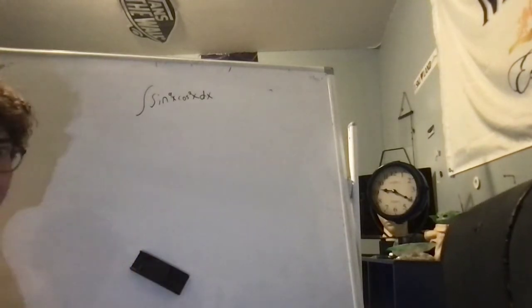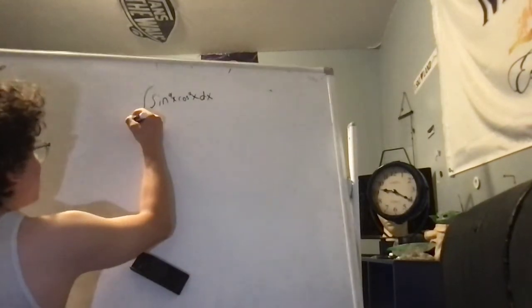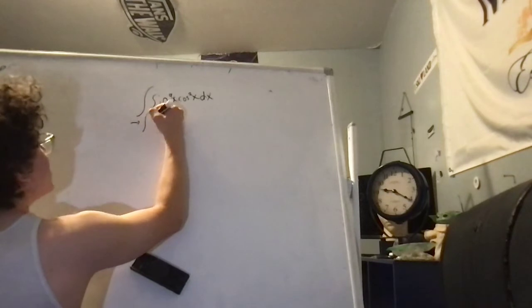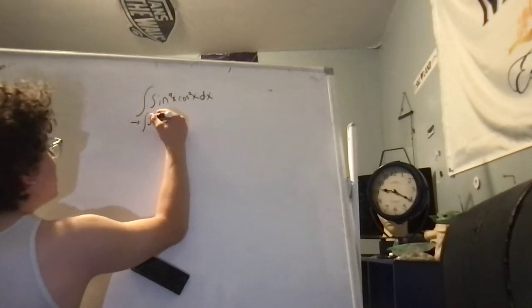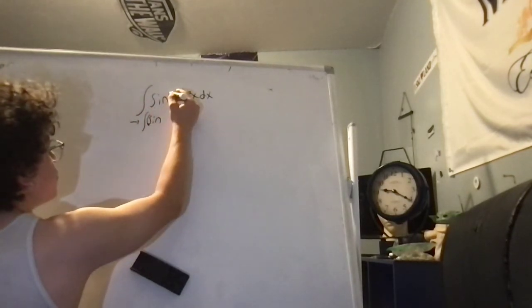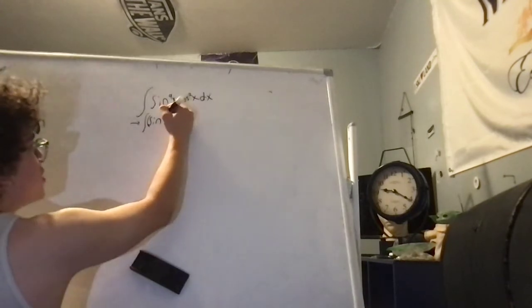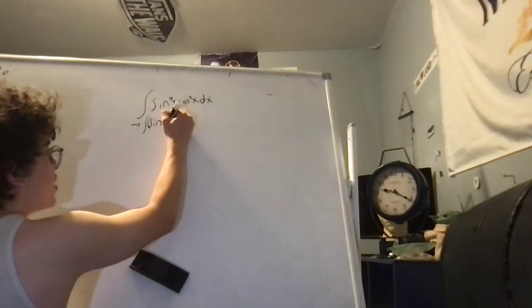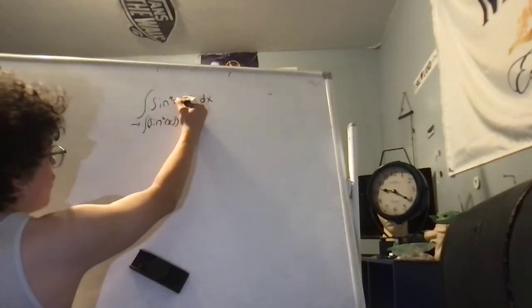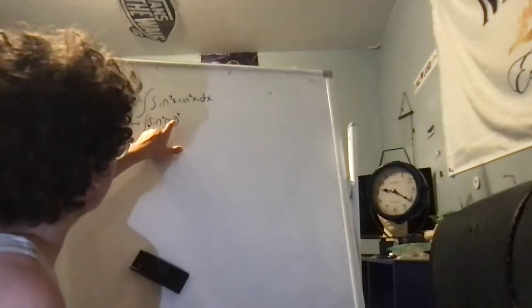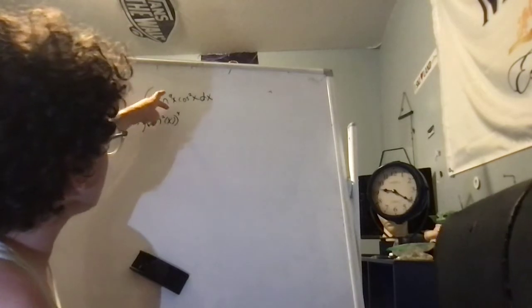So let's begin. Our first step for this integral is going to be to just do some algebraic simplification, okay? So we can rewrite this as sine squared x to the fourth power, because when you're raising an exponent to an exponent, you multiply the exponents, so that's sine to the eighth.